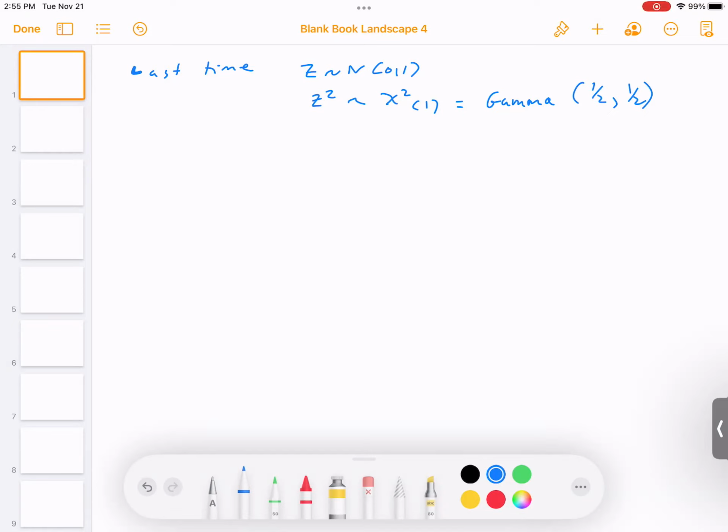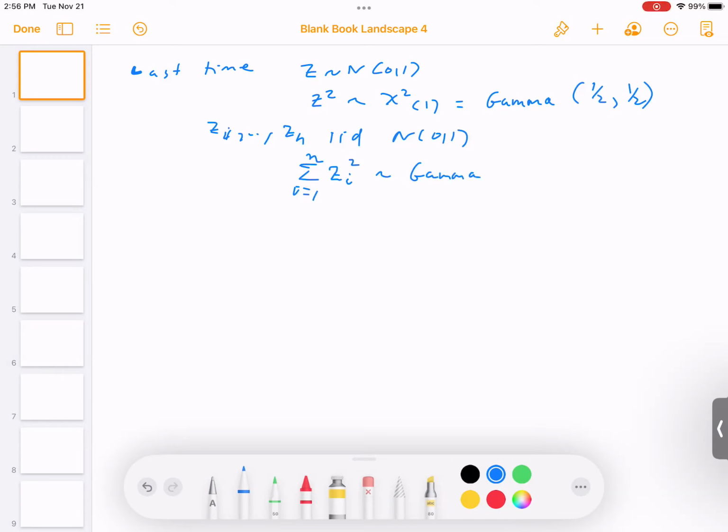Also, if you have Z1 to Zn IID standard normal, then the sum of these squared, because we showed independent gammas with the same rate add, is gamma.